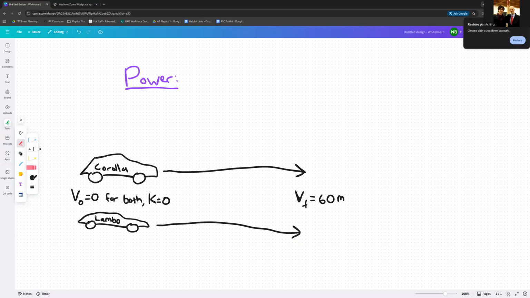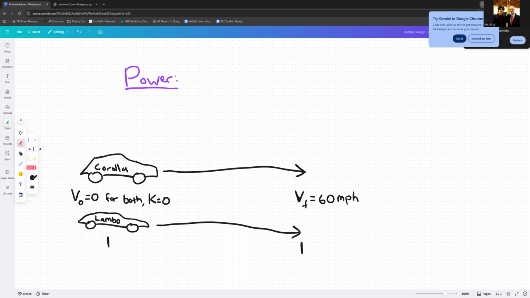We would want that in meters per second if we were doing any equations, but we're not going to go quite that far here, where we're not calculating anything. And let's say they do this by going from 0 to 60, and their displacement.